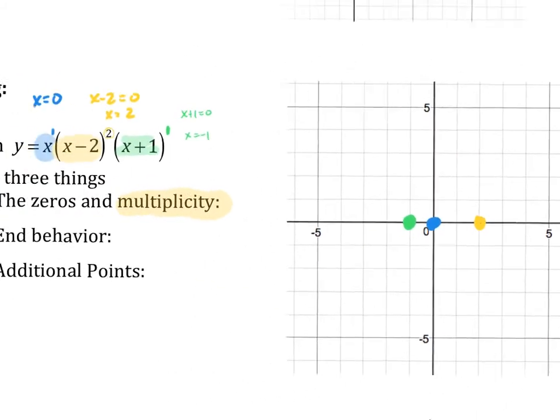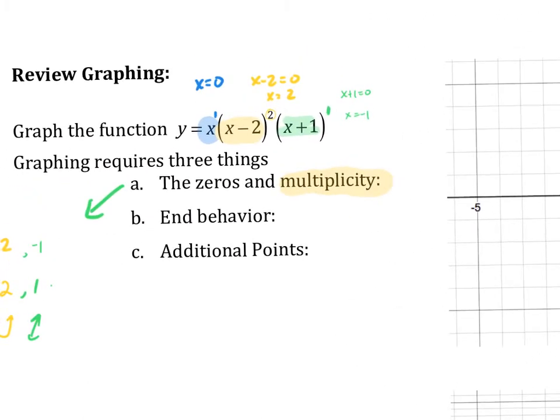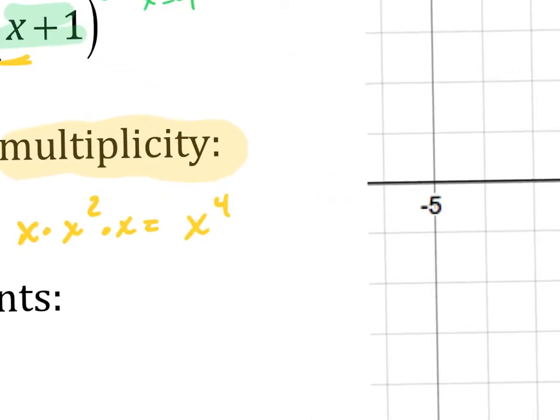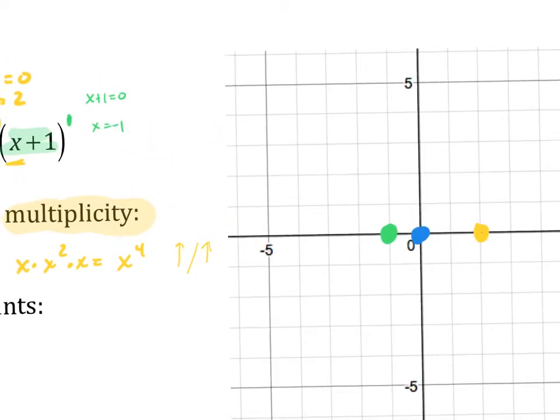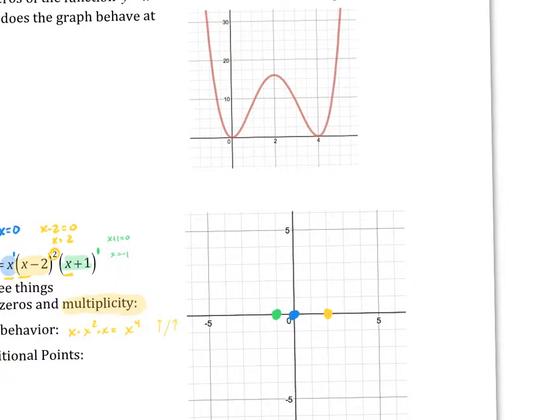All right, the next thing we want to find out is what is the end behavior. So when I take all these components, the x squared, and the x times x squared times x, notice I get x to the 4th power. As a result of that, we know that the end behavior is up, which means it starts somewhere up here and ends somewhere over here.